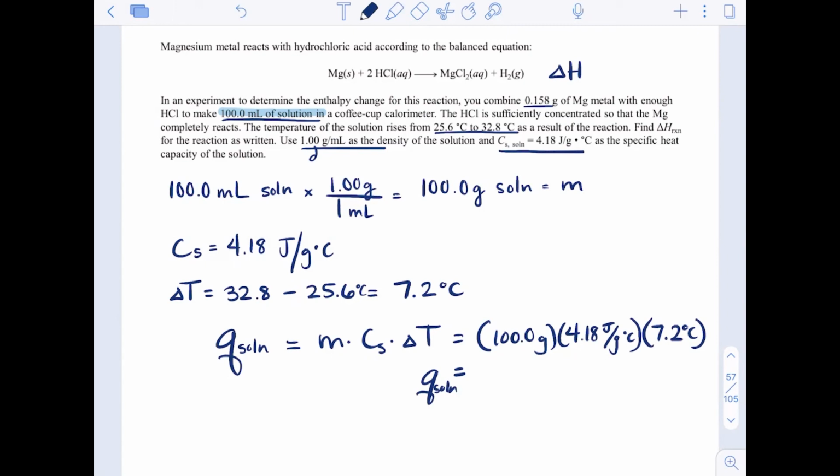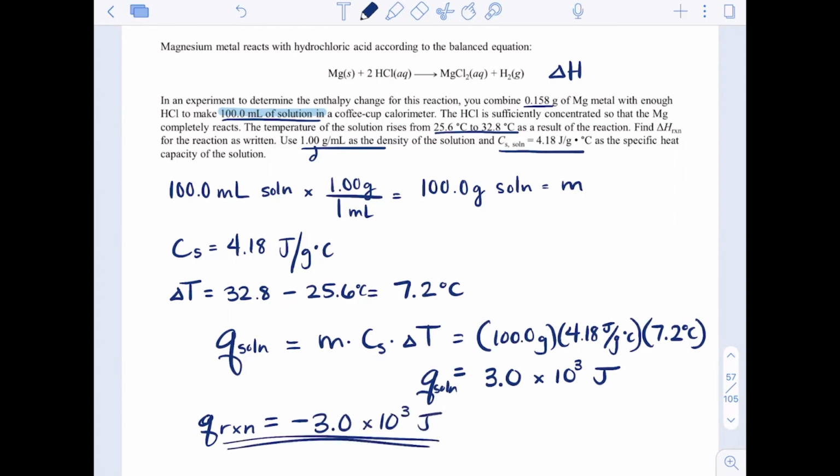I'm going to go ahead and convert this into scientific notation for us because of that 2 sig figs. 3.0 times 10 to the 3 joules. Awesome. I know that my Q of the reaction is then going to be equal to negative 3.0 times 10 to the 3 joules. Pop a negative on there.